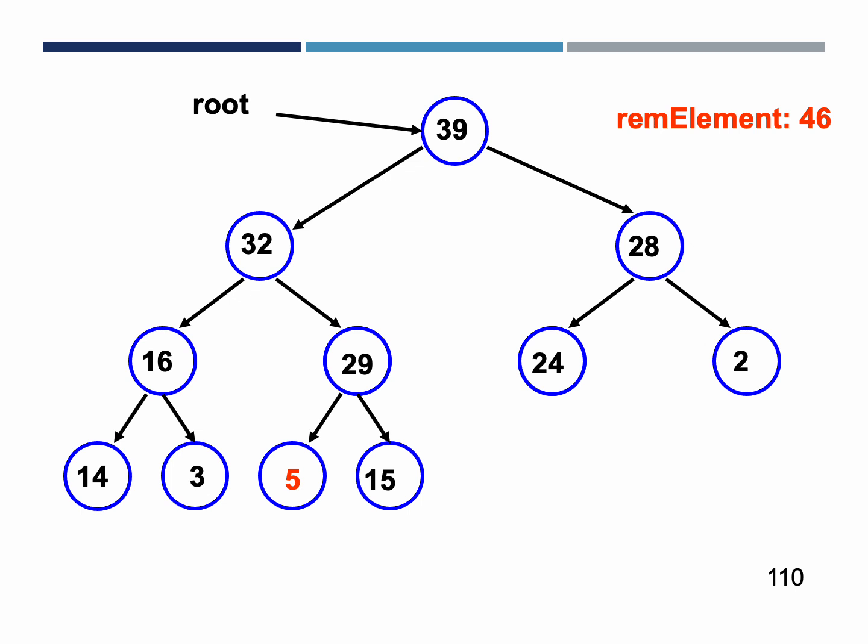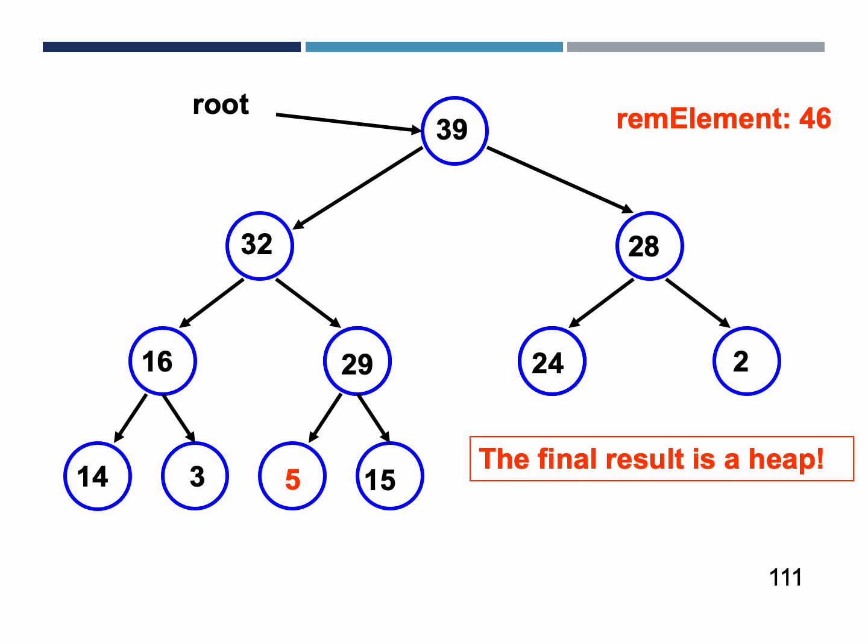Okay, so now we can say 29 is greater than both of its two children, 5 and 15. So the final result is a heap here.